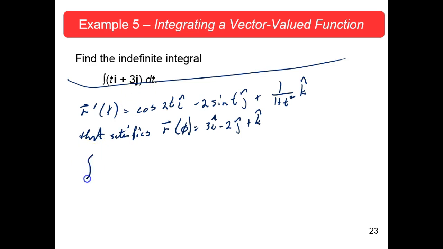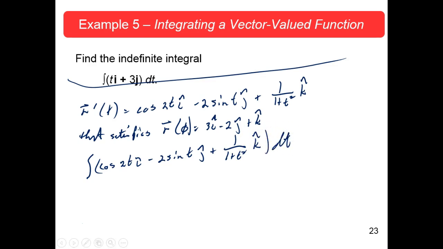So that's going to be the integral of cosine 2t i minus 2 sine t j plus 1 over 1 plus t squared k dt. I hope I wrote it right.